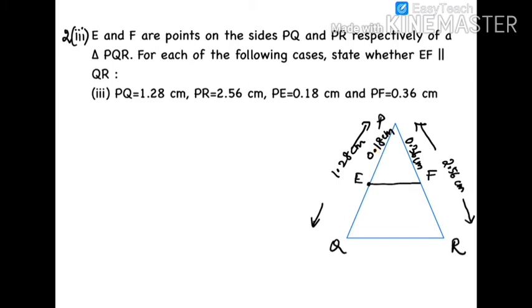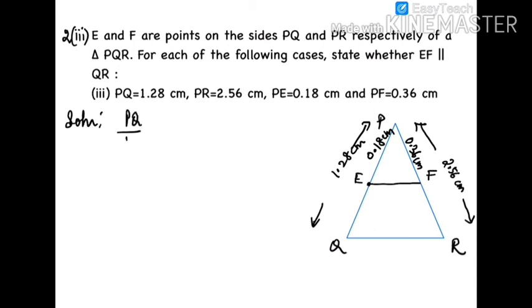But instead of doing that, we can use the ratios directly. A little earlier in today's video lesson, we have shown that we can write basic proportionality theorem in many ways, like PQ upon PE equal to PR upon PF. So let's use that.